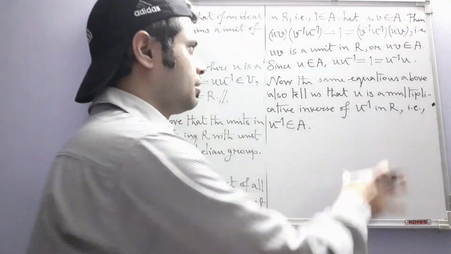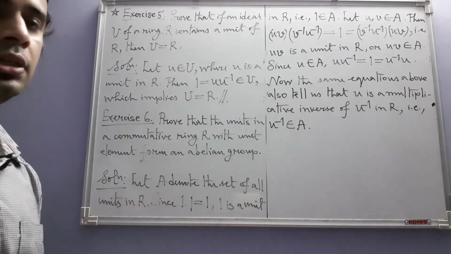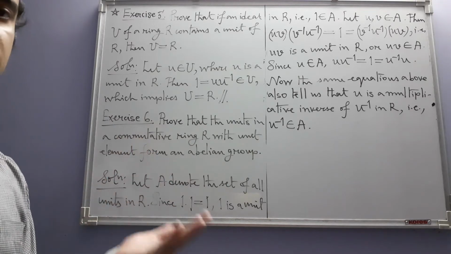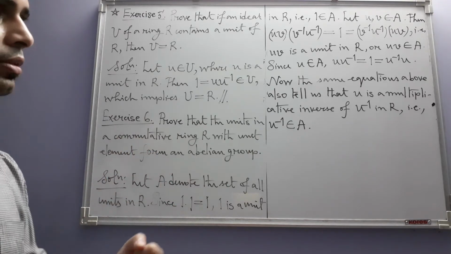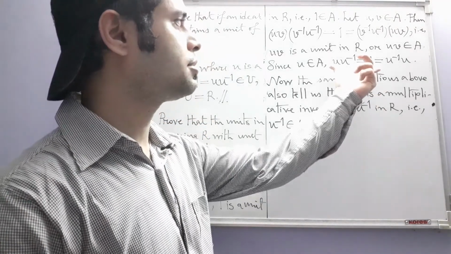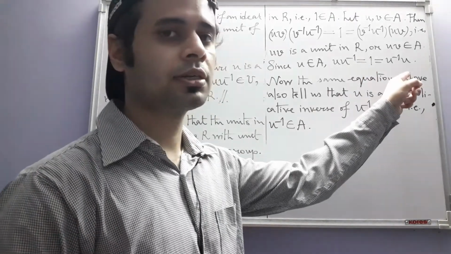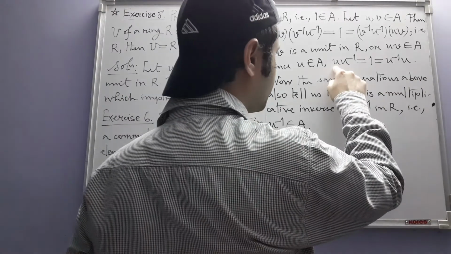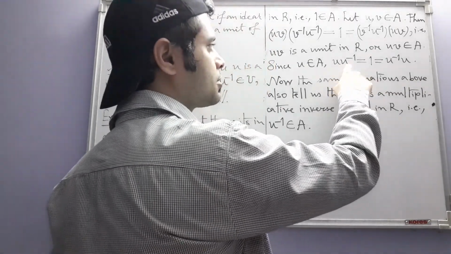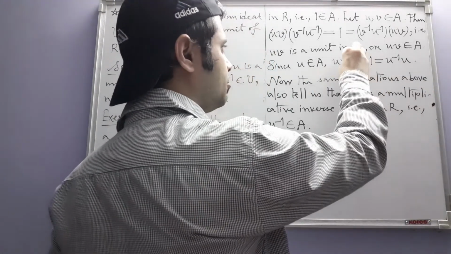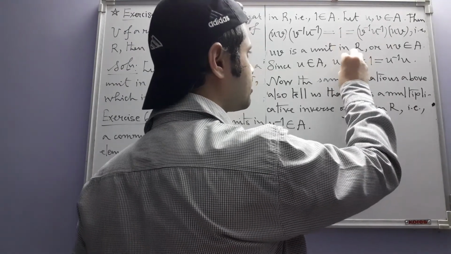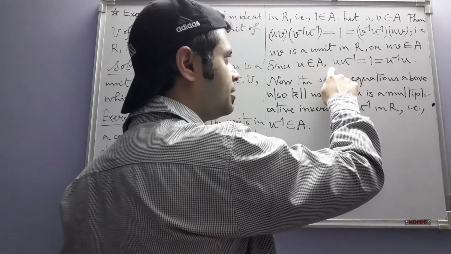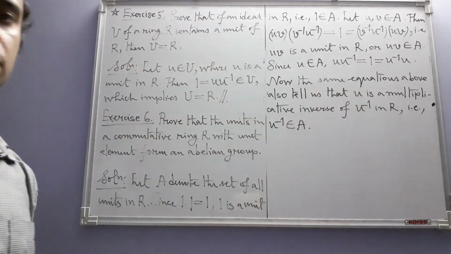because according to the definition, a unit is an element which has its multiplicative inverse also in the ring. Having a multiplicative inverse means this type of equation is true. So for u there is an element u inverse for which this is true, but for that particular element u inverse also, this is such an equation where u is playing the role of the inverse of u inverse.